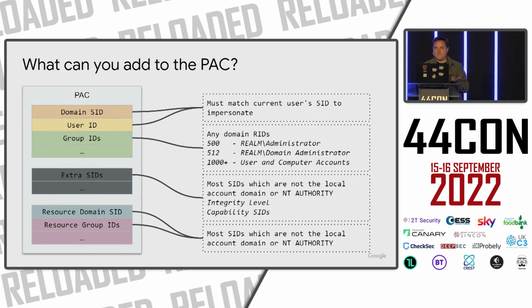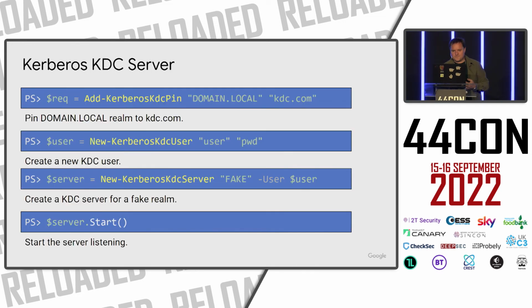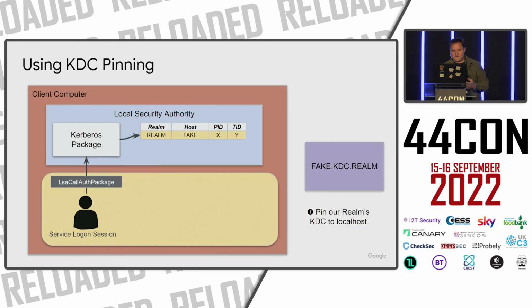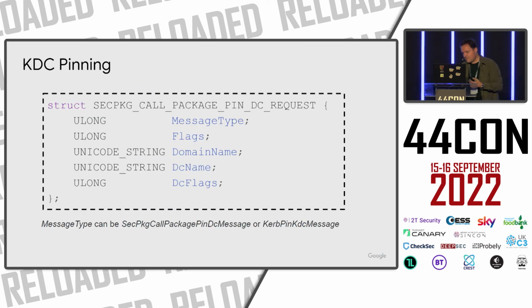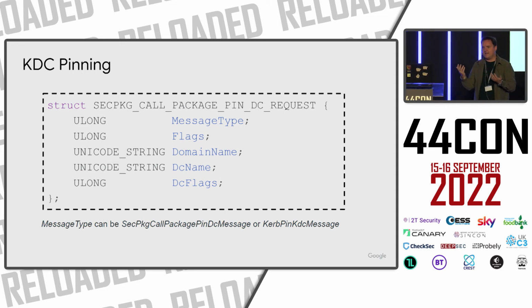But there's a problem, even at network service, we don't know the network service's password and its key, because that's some randomly generated 200-character password which gets converted into a key. So how are we going to do this? Well, it turns out that we can just authenticate to any domain we like. And that domain controller, that KDC, can be anything we like.